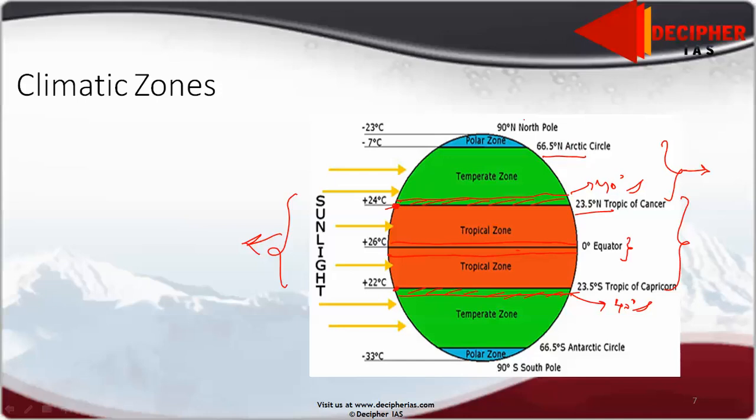Similarly, the polar zone is nearby the poles. Sometimes we use a subpolar region. It is between 60 to 80 degrees north or south. You should keep in mind that this classification is crude, and it can change according to the demand of a particular study.